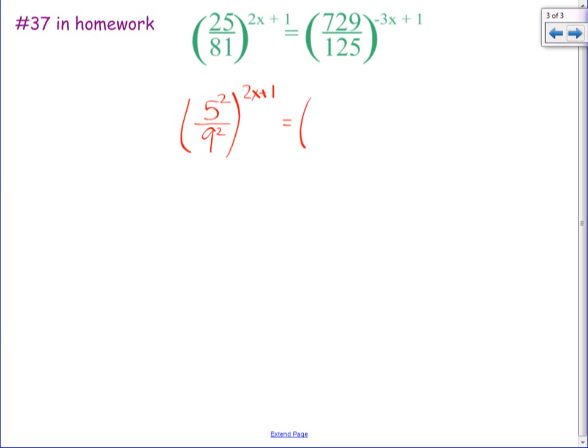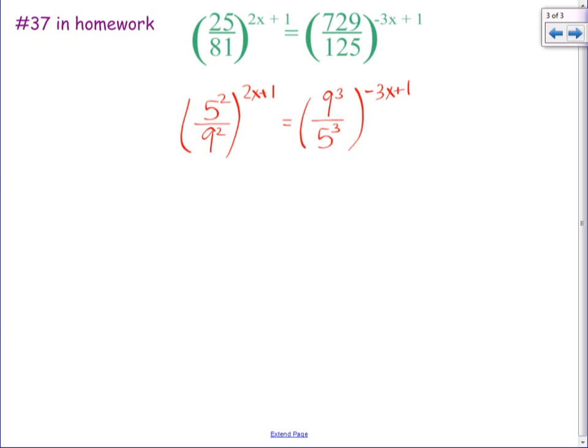Okay, looking here, what about 125? That's 5 to the 3rd. What would 729 be? Check with your calculator. Hopefully it's 9 to the 3rd. Okay, now here's why we need the same exponent.